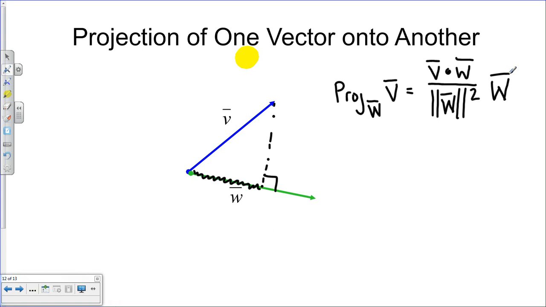So it is a vector. Notice it's got a direction. It's got a magnitude. It is a new vector that is parallel to W. Okay, it points in the exact same direction as W. It's possible for it to point in the opposite direction, but in our picture, that vector points in the same direction as W. Now, this is probably going to start to look familiar to my physics students.